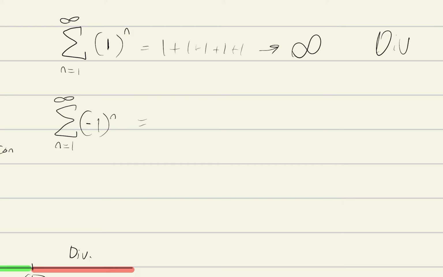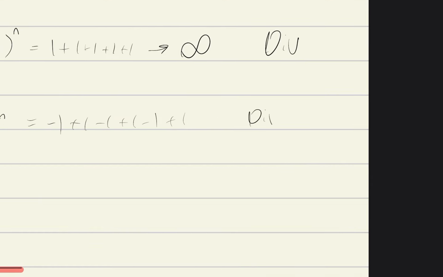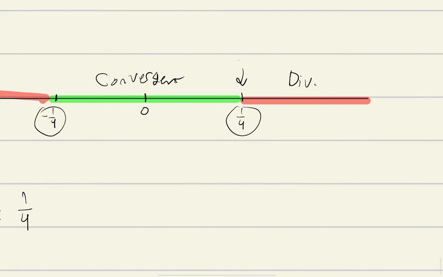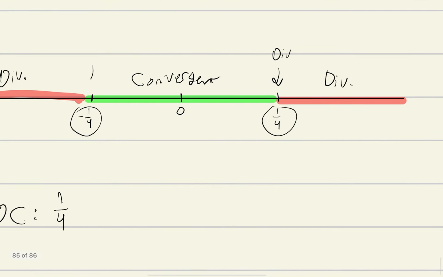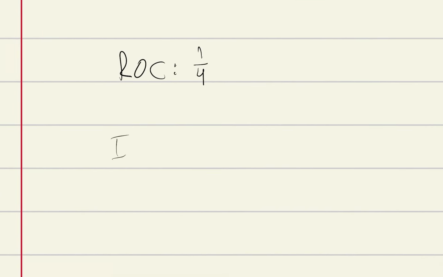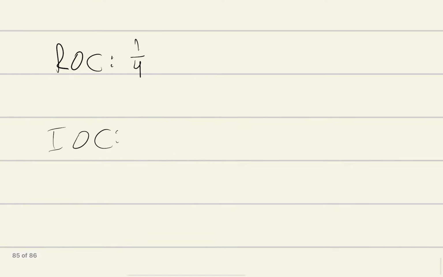And we know this is negative 1 and plus 1 and negative 1 and plus 1 and negative 1 and plus 1, and that would mean this is also divergent. So we can say that at 1/4 it's divergent, and at negative 1/4 it's divergent, making the interval of convergence equal to the open interval from negative 1/4 to 1/4.